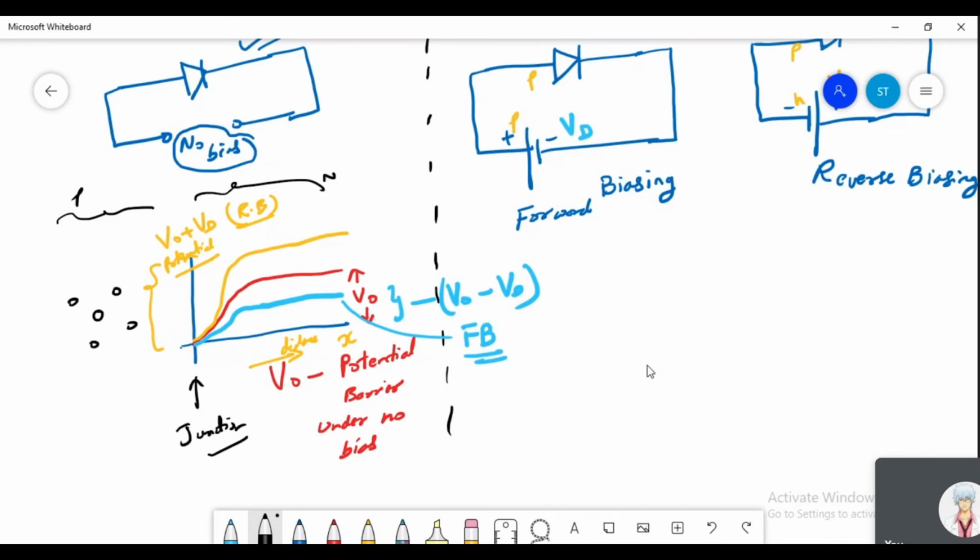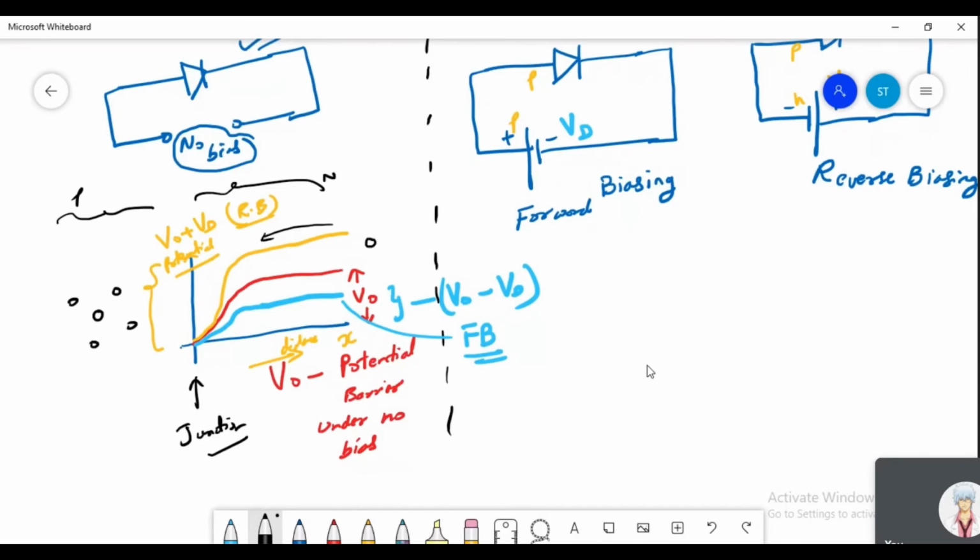But when it is reverse biased, the majority charges find it very difficult, it's not possible for them to cross the junction. But at the same time, under reverse bias condition, the minority charges, that is the holes on the N side, can cross the junction like this. It is as if you are sliding down from a higher potential, just like on a slide.